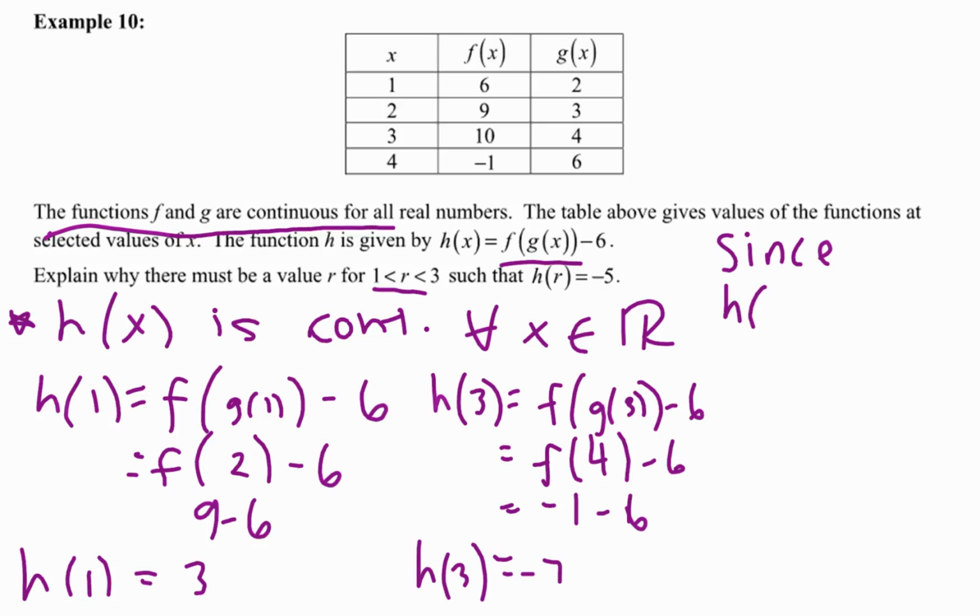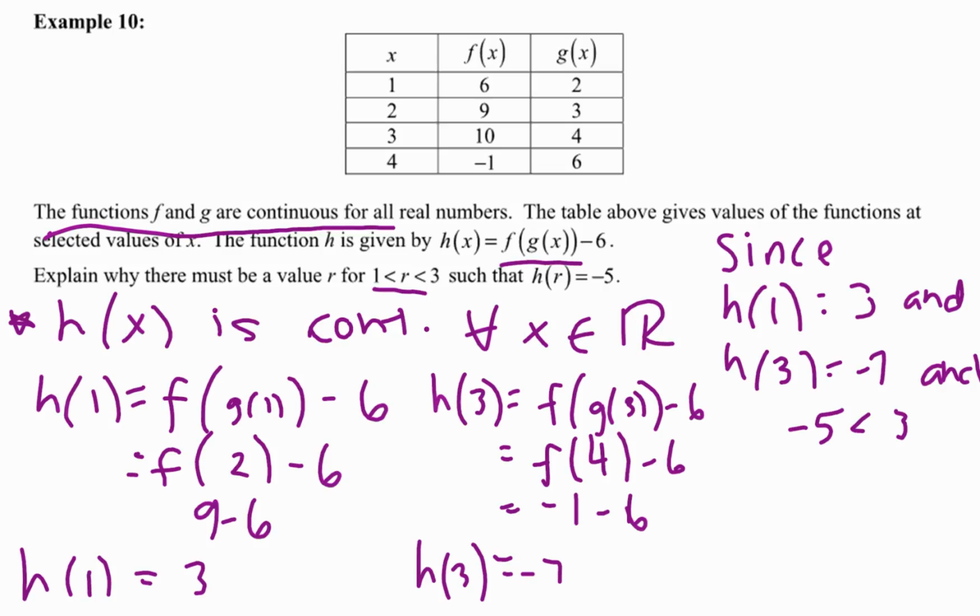So let's say since h of 1 equals 3 and h of 3 equals negative 7, and just to state, we can say that negative 5 is between 3 and negative 7.